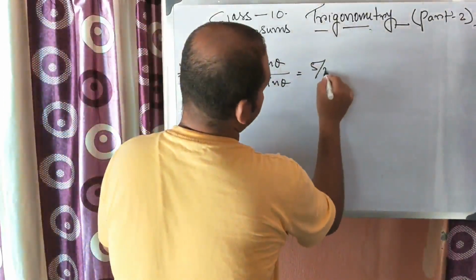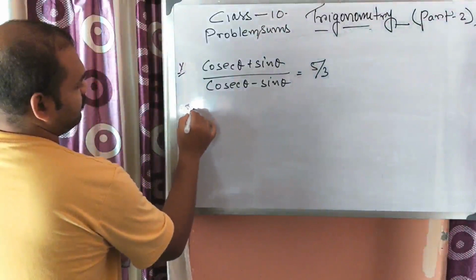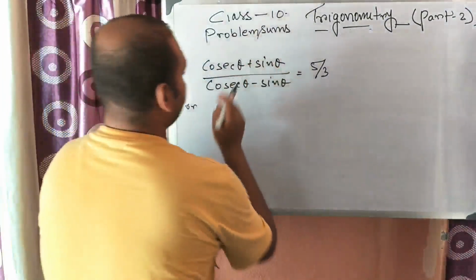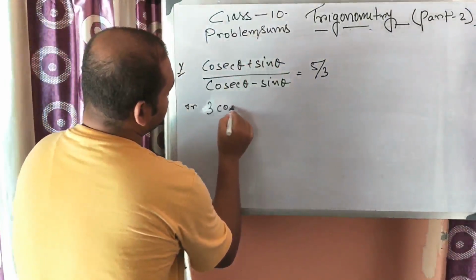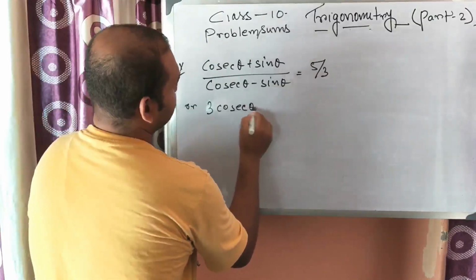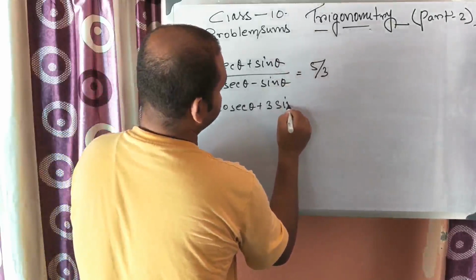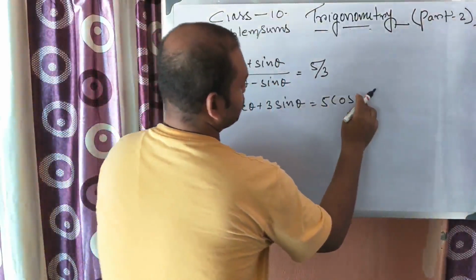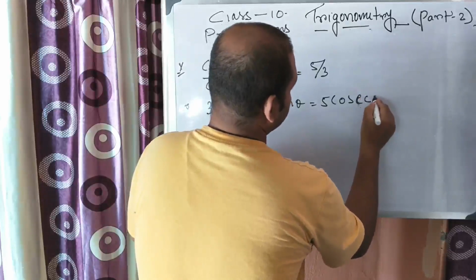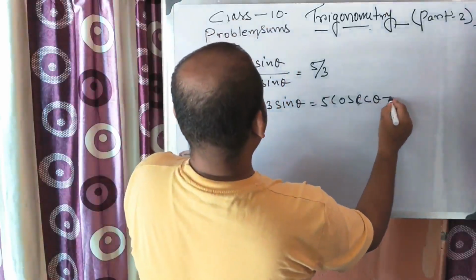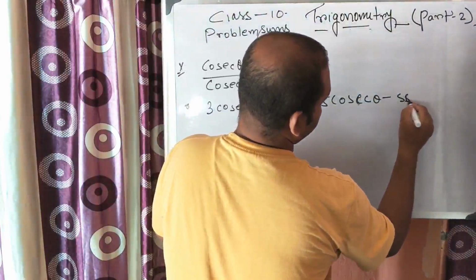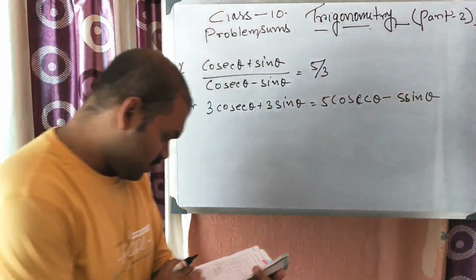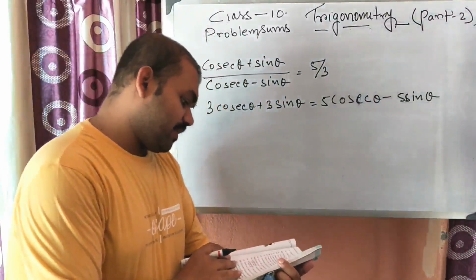So how can you do it? There are different ways of doing it, but we are doing it like this: just cross multiply. 3 cosec theta plus 3 sin theta will be 5 cosec theta minus 5 sin theta. What you need to find out is the value of sin theta.